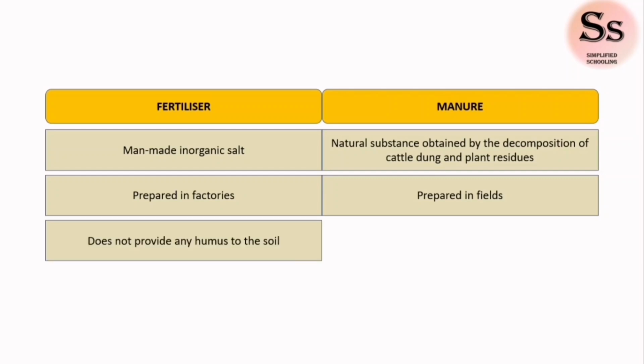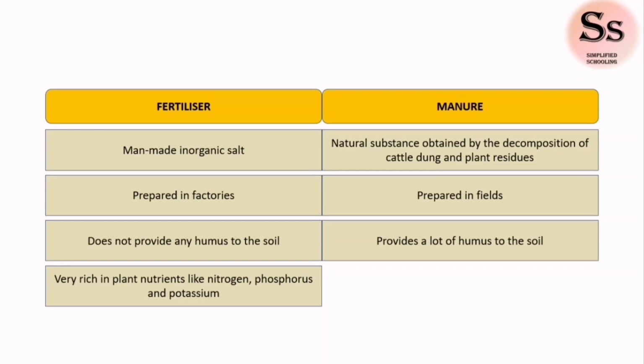Fertilizer does not provide any humus to the soil, whereas manure provides a lot of humus to the soil. Fertilizers are very rich in plant nutrients like nitrogen, phosphorus, and potassium, whereas manure is relatively less rich in plant nutrients. Overall, manure is considered better than fertilizer.